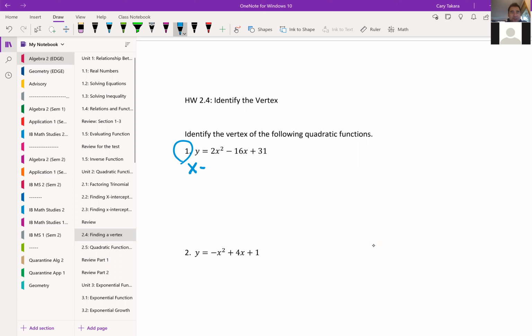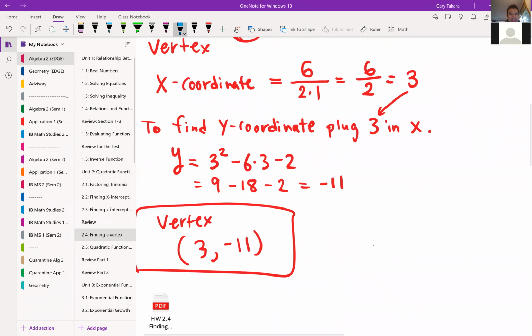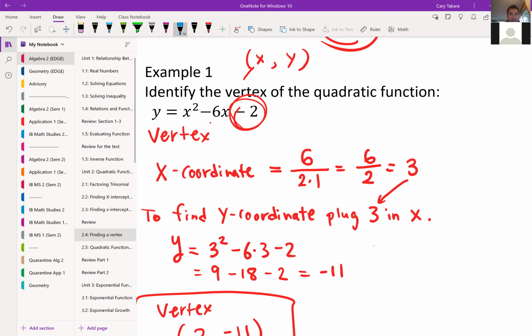Let's find the x coordinate. You guys know what to do. How do you find the x coordinate again? Okay, take a look at the notes. It's negative b over 2a, right?